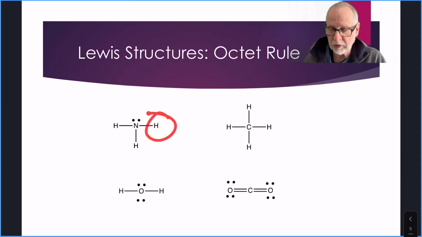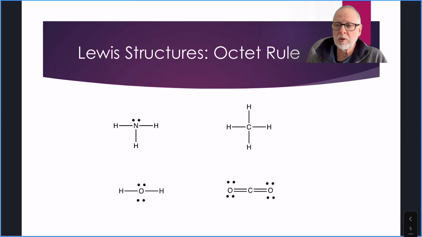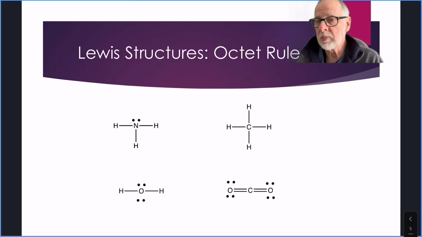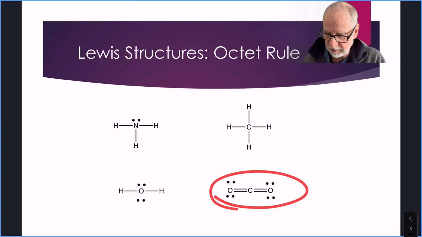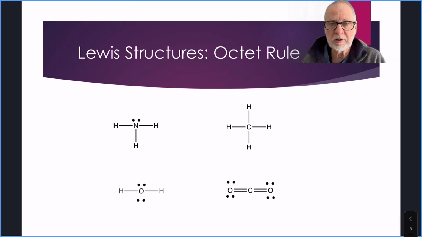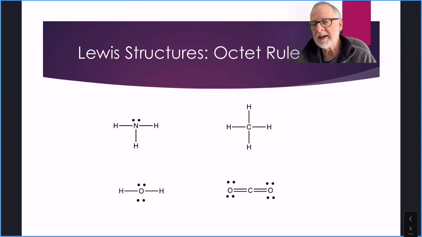And again, we'll note here that hydrogen corresponds to a situation where there is only 1 bond and nothing else. Here is, of course, carbon dioxide, which requires that we have double bonds in order to satisfy the octet rule with the electrons that we have in that particular molecule. So again, these are molecules which have satisfied the octet rule.